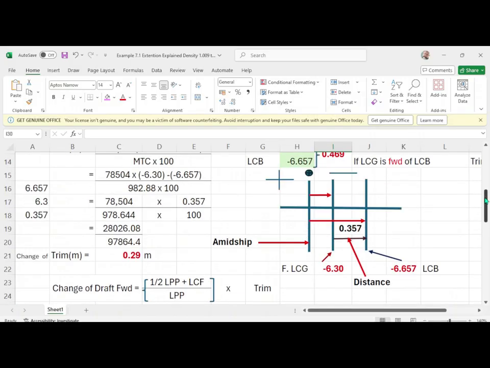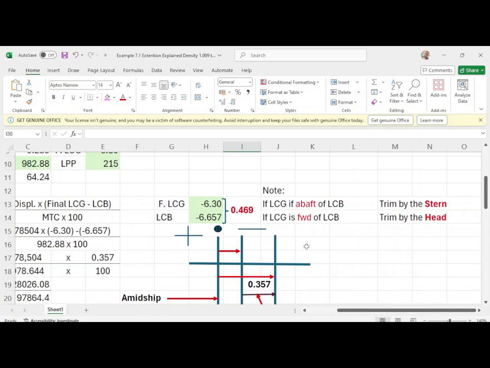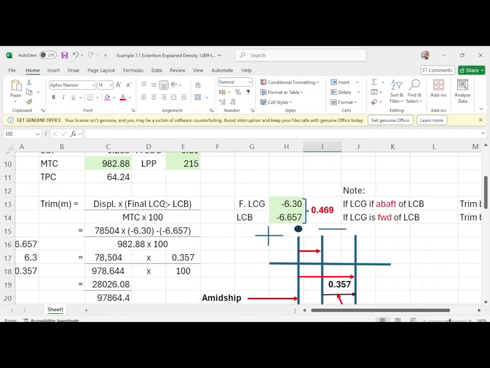You are trimmed by the stern because the LCG is behind LCB. Take note, if LCG is behind LCB, you are trimmed by the stern.